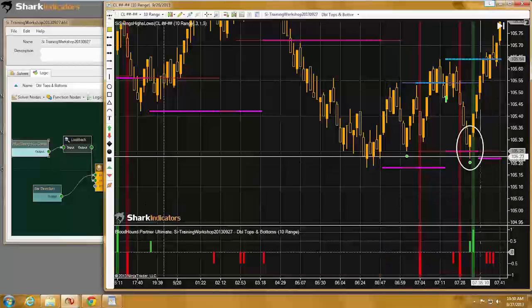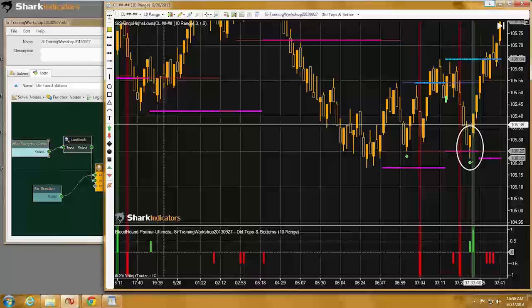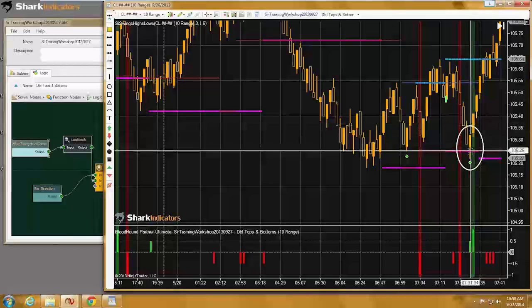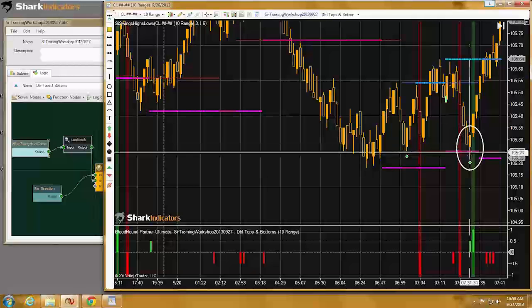And there we go, now we have our long signal. So now I'm looking for a 7-tick range above and below our plot line here.